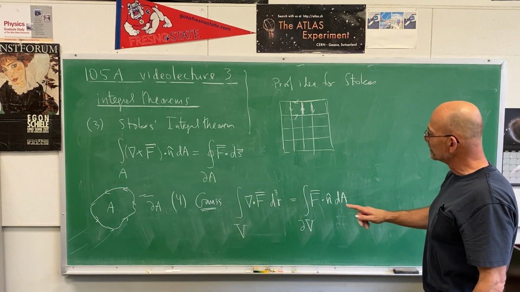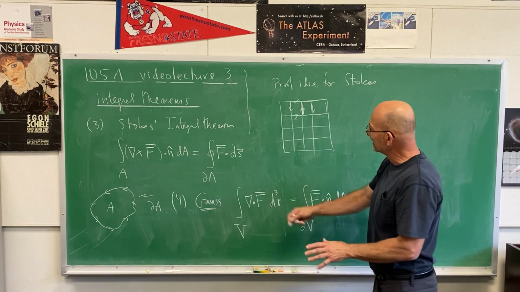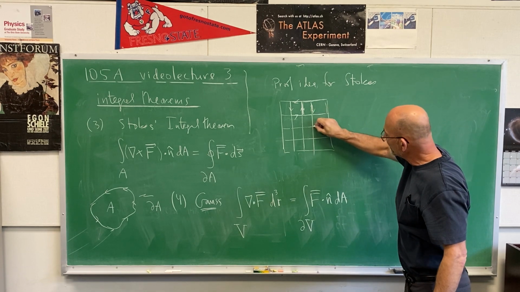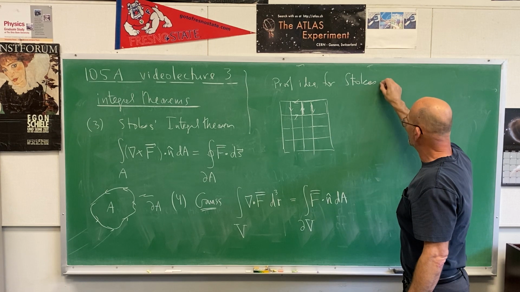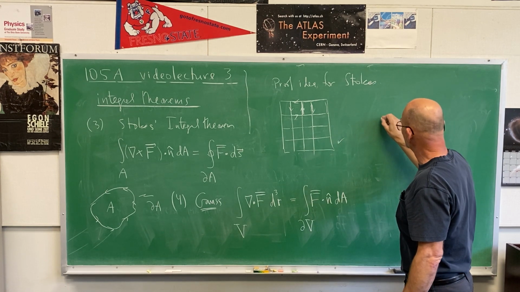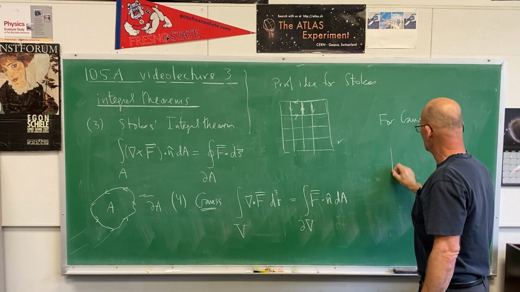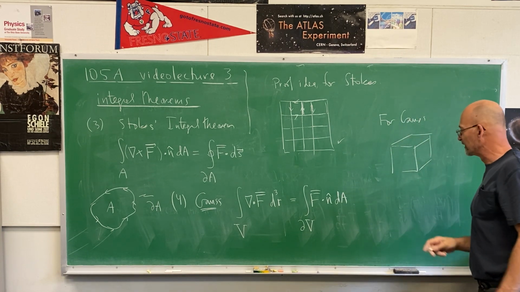And you do something similar for Gauss's integral theorem as well. You literally write down what these things mean, kind of in a Riemann sum form on some cell. For Gauss, it would be on a cube. So this would be for Stokes. For Gauss, you define a little cube in XYZ space.